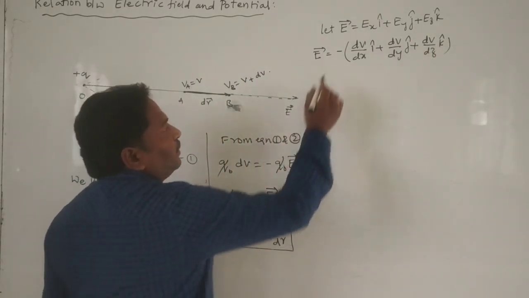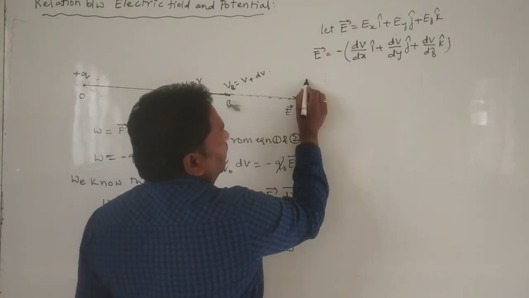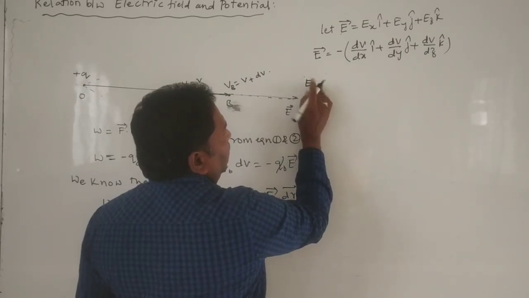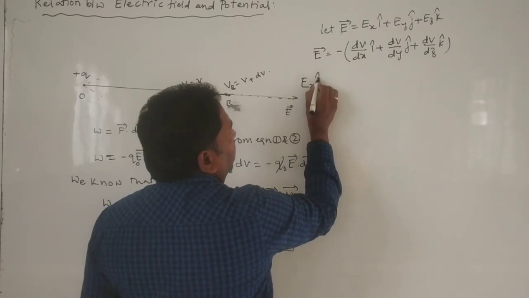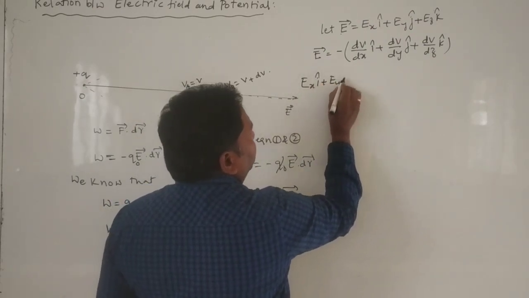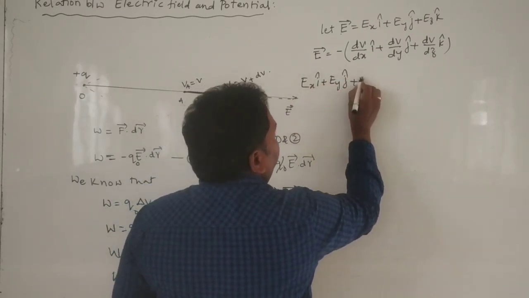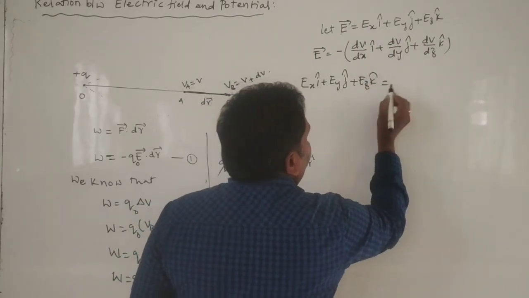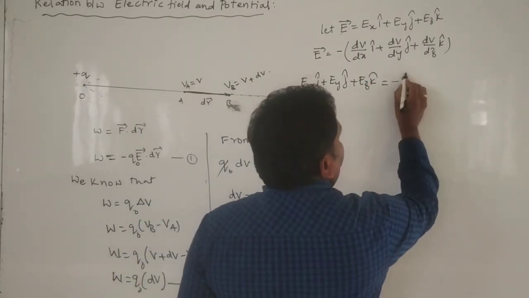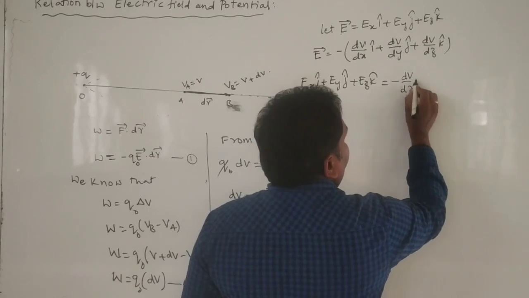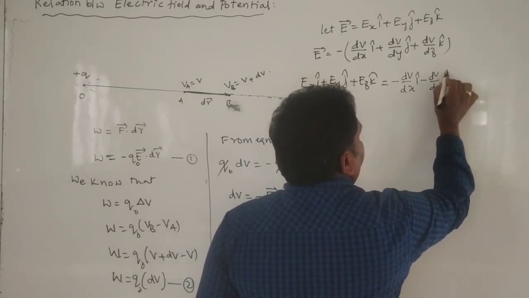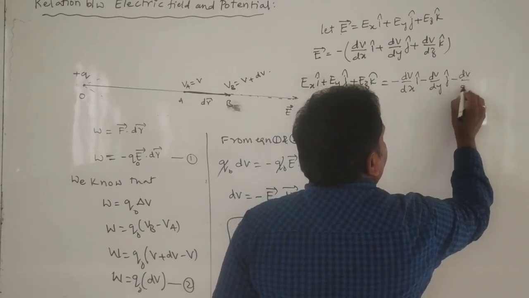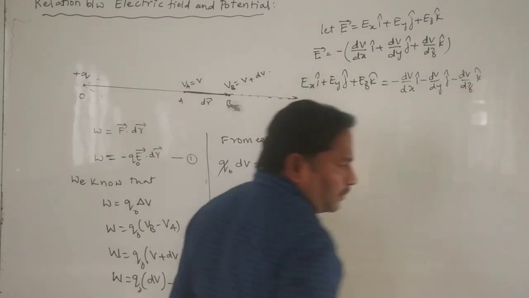So Ex i cap plus Ey j cap plus Ez k cap equals minus dV by dx i cap minus dV by dy j cap minus dV by dz k cap.